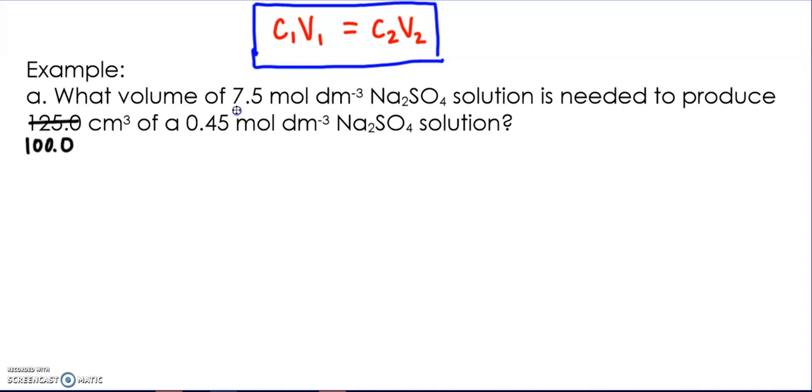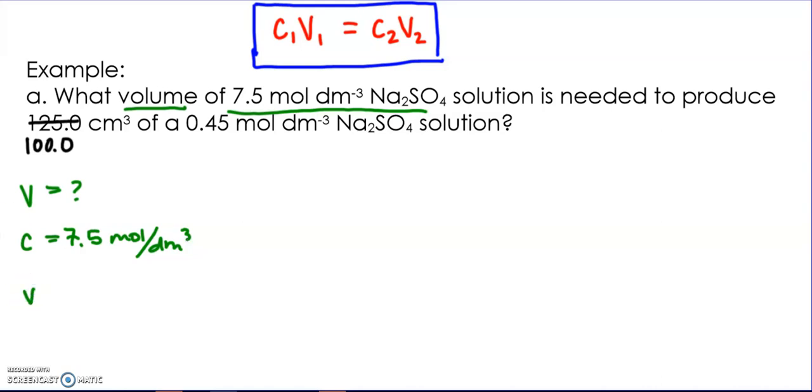I'm trying to find that volume, and I know a concentration, 7.5 moles per decimeter cubed. And I want to produce a new volume, 100 centimeters cubed, and a new concentration.